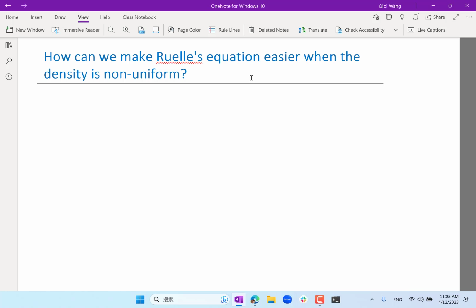And we also discussed how to make numerical evaluation of the Wells formula easier or faster, right? By performing an integration by parts. But the equation we used last week depended on the fact that the equilibrium measure is uniform, right? So we can actually do the integration by parts easily.